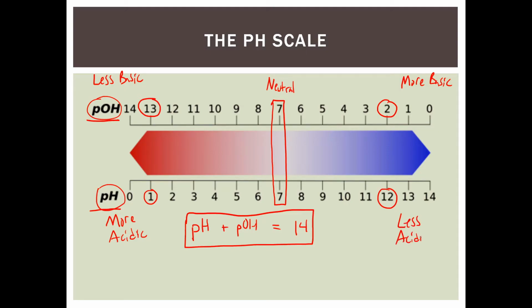So in a similar fashion to the pH, how a low pH is more acidic, a low pOH is more basic. High pH is less acidic, high pOH is less basic. All right, there you go. It's kind of a neat relationship, quick review of what we talked about in the last video.